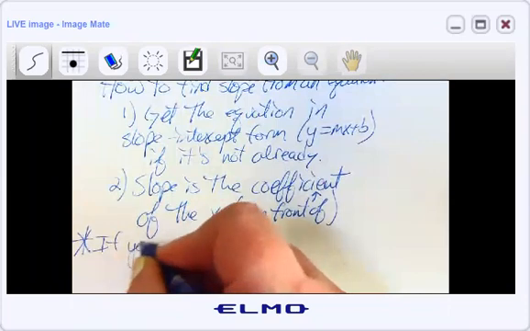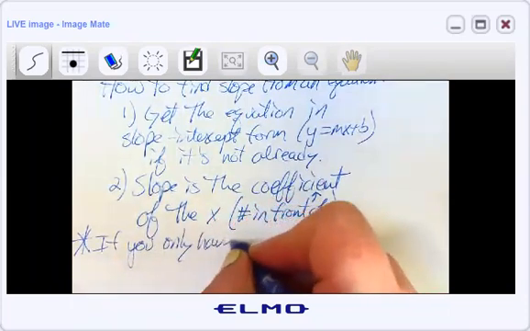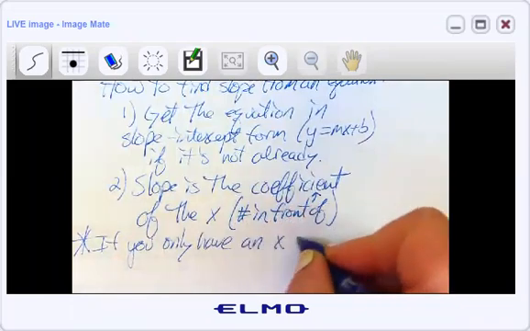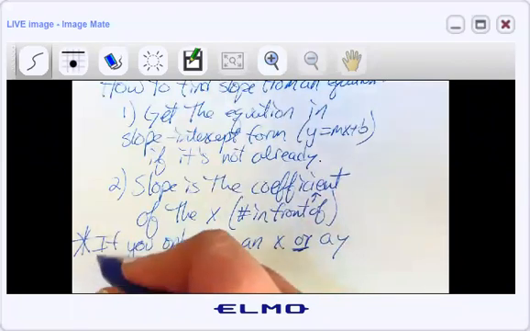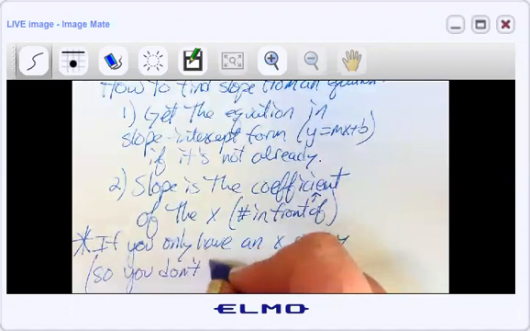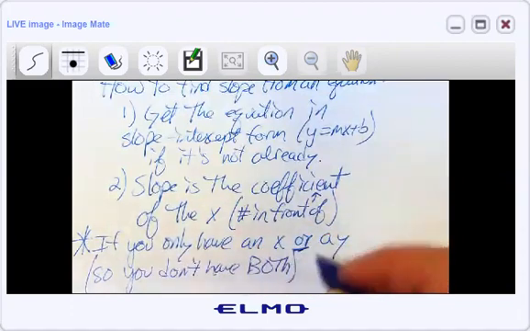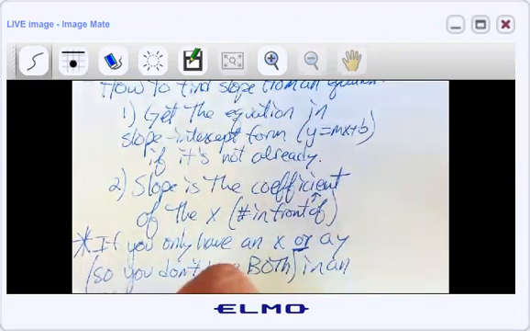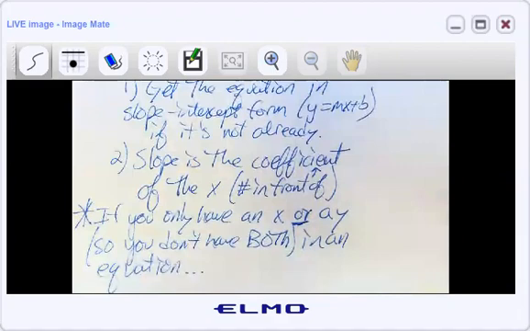If you only have an x or a y, so you don't have both, in an equation, that means you can't get this into slope-intercept form.